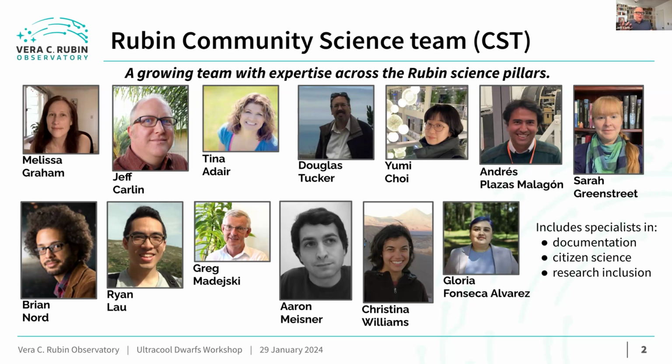So we include people who are representatives or members of all of the various science collaborations, a wide range of interests and expertise represented on this team. Yumi and I are both Rubin community scientists, along with all of these other people you see here. And so you are welcome and encouraged to reach out to any of us anytime you have questions about Rubin data or data access or the survey.